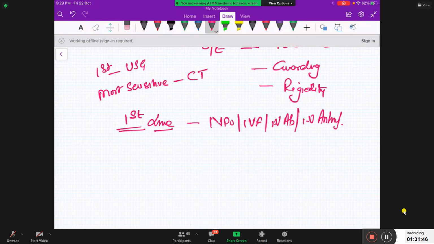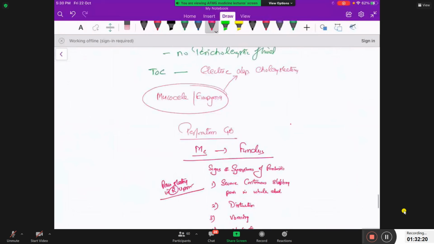So this is what I told you yesterday also. Yesterday, since we had a suspicion of a peptic perforation leading to peritonitis, we did chest X-ray as our first investigation. Here, in this given patient, since we have a suspicion of a biliary problem, by virtue of pain starting in the right upper abdomen and then getting generalized, our first investigation is ultrasound.